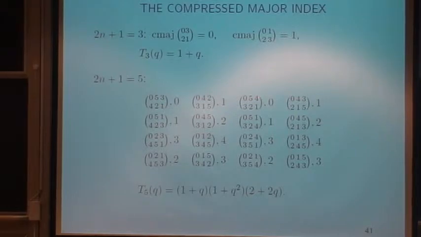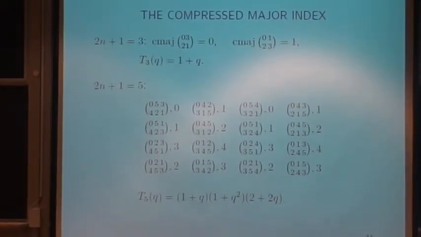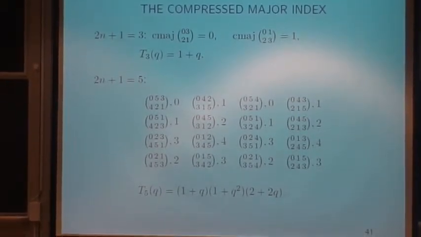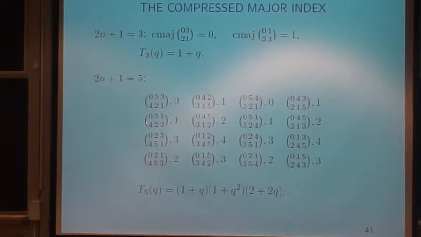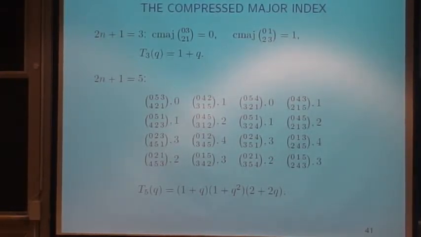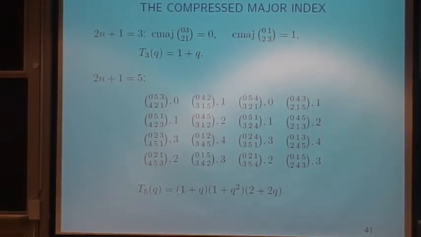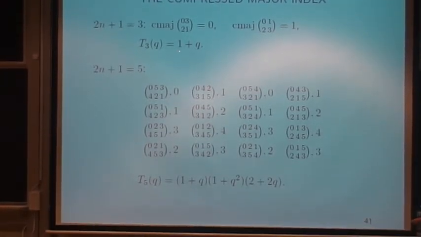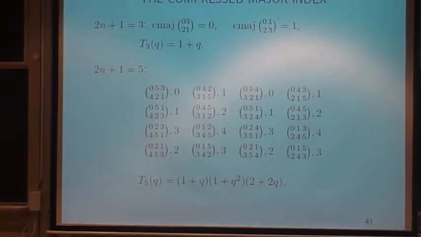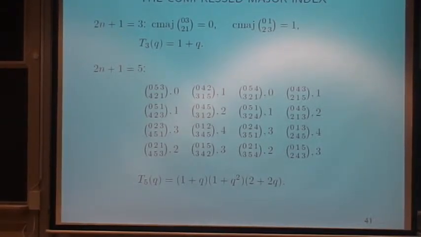Here we are the interlaced, and here the other, the normalized, I'm sorry. Here are the pure interlaced. And if I've computed the compressed major for all of them, then if you write what comes up, it's very simple. Here it's 1 plus q, here 1 plus q, 1 plus q squared, 2 plus 2q.